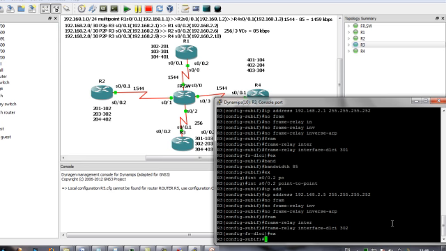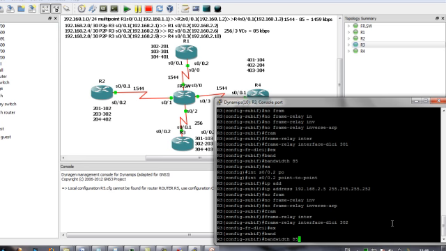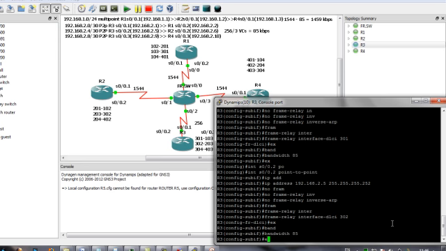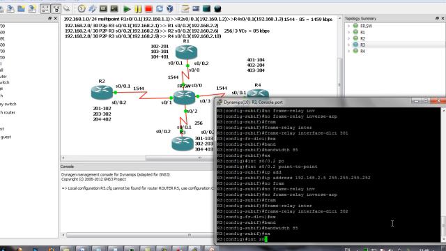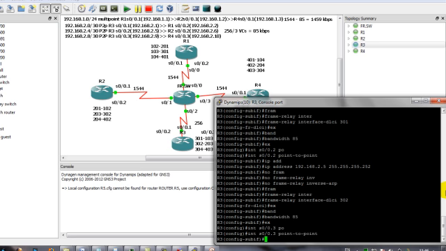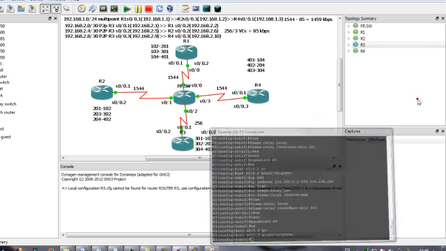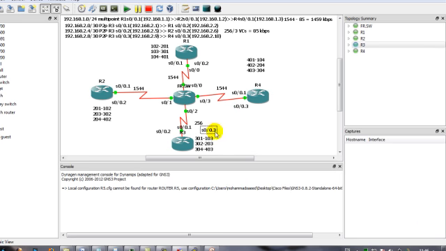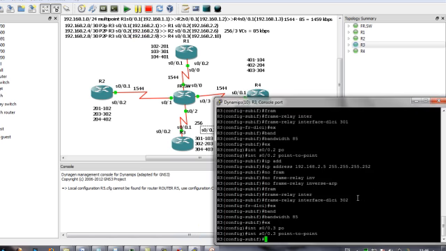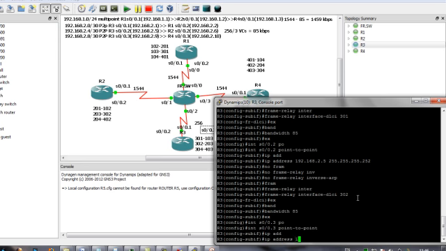Exit, with bandwidth 85. Exit. Now interface 0/0.3 with point-to-point. Look at this, this 0/0.3 point-to-point will contact Router 4 with IP address 192.168.2.9, 255.255.255.252.